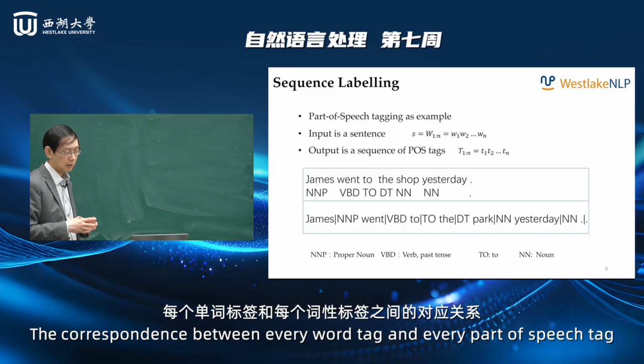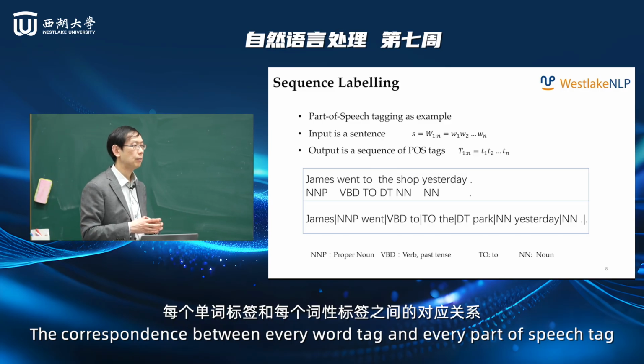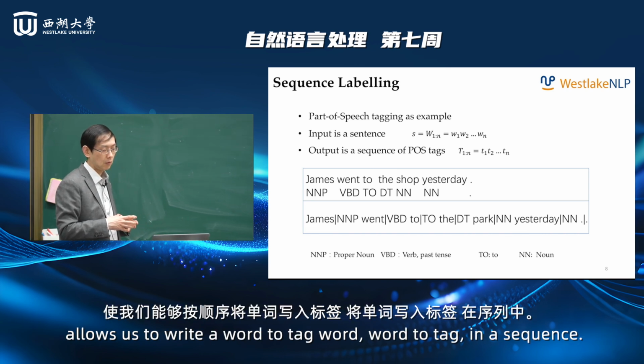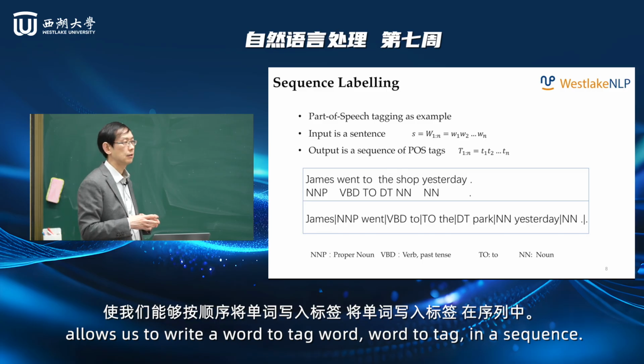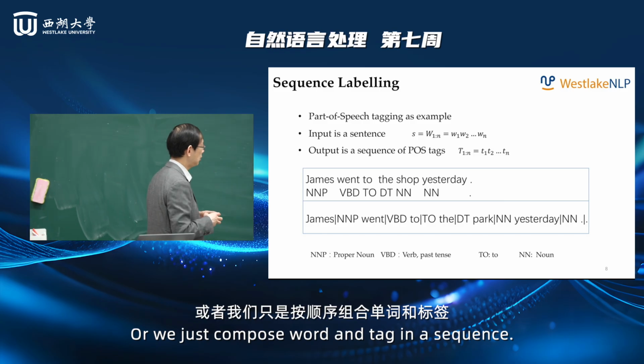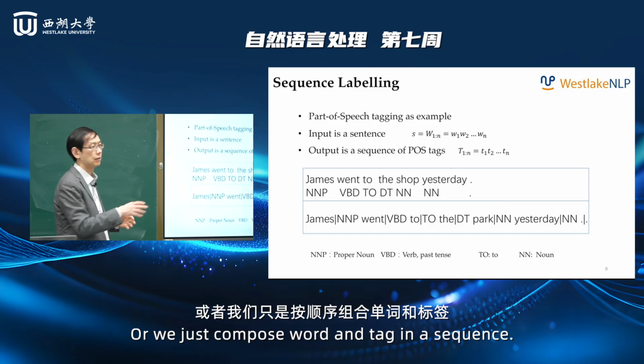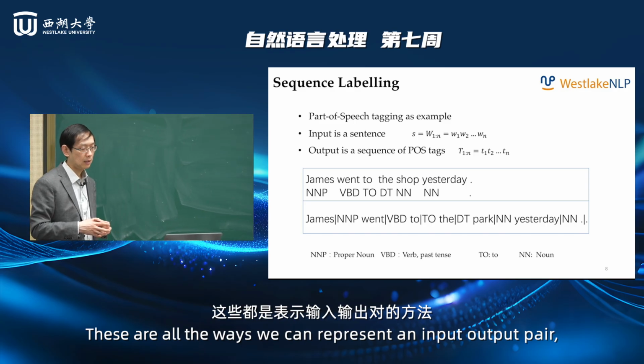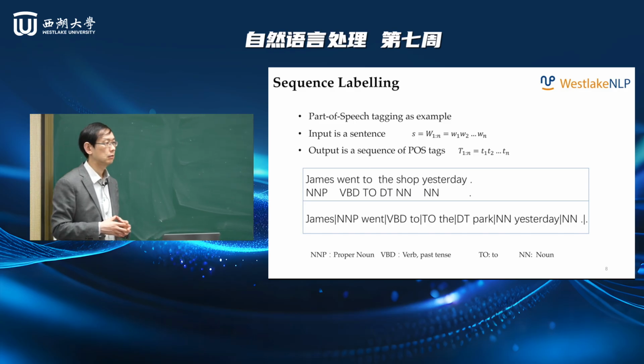So the correspondence between every word and every part of speech tag allows us, right, to write word to tag in a sequence, okay? Or we just compose word and tag in a sequence. So these are all the ways we can represent an input-output pair, all right?